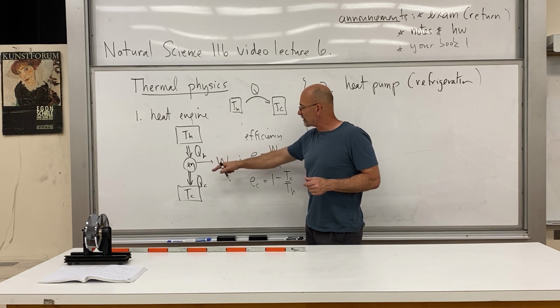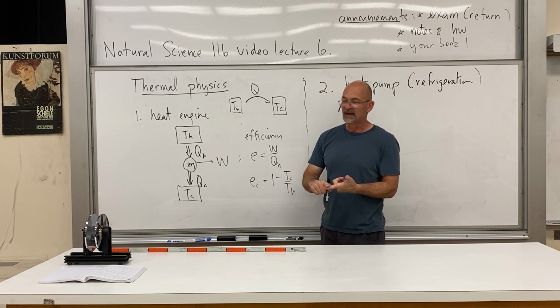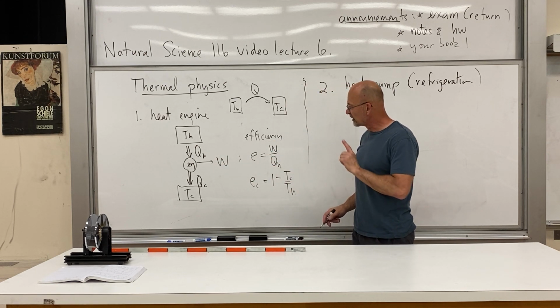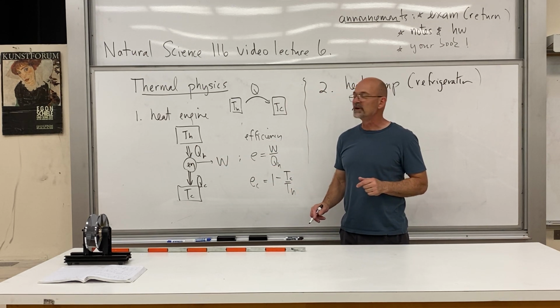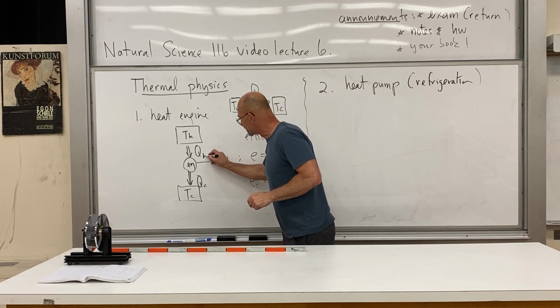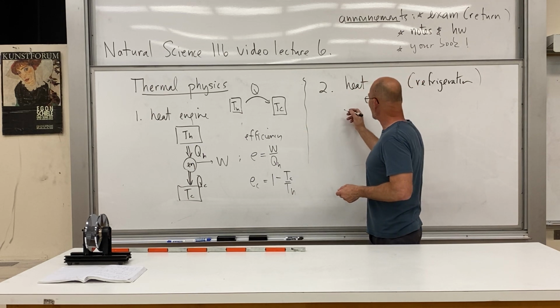And remember, this was based on conservation of energy and increase of entropy. And if we reverse the arrows, those two ingredients are not actually going to change. Particularly at first, the conservation of energy is still maintained. So let me go ahead and just draw the schematic and reverse the arrows.